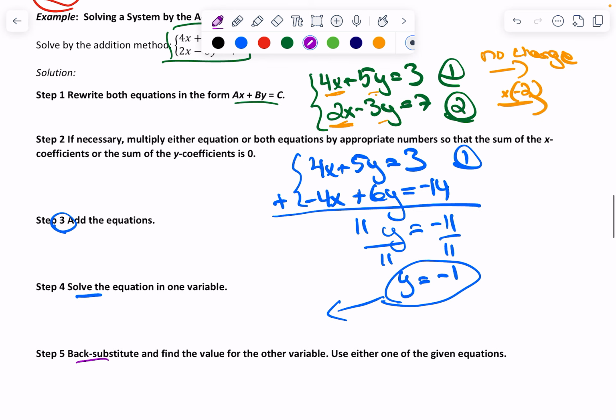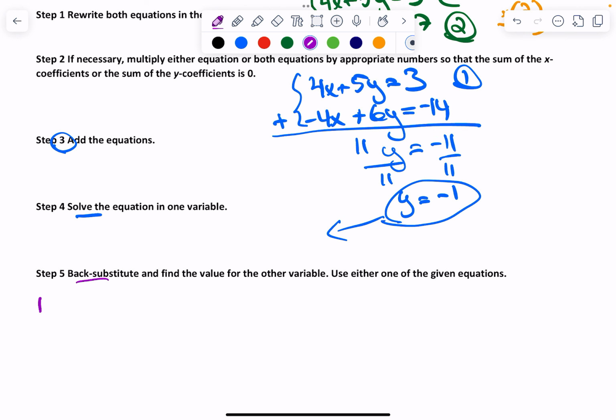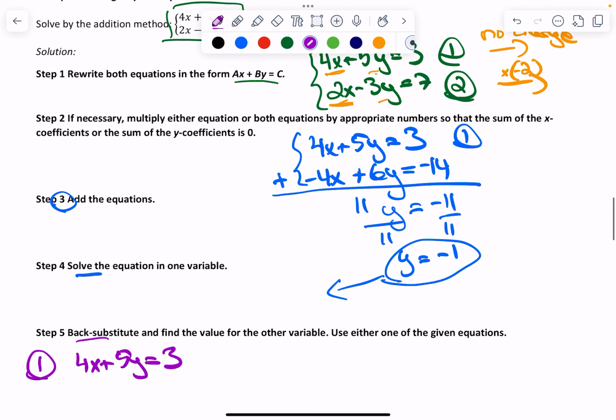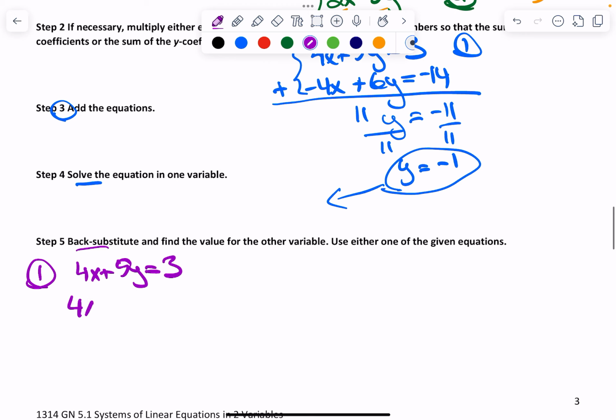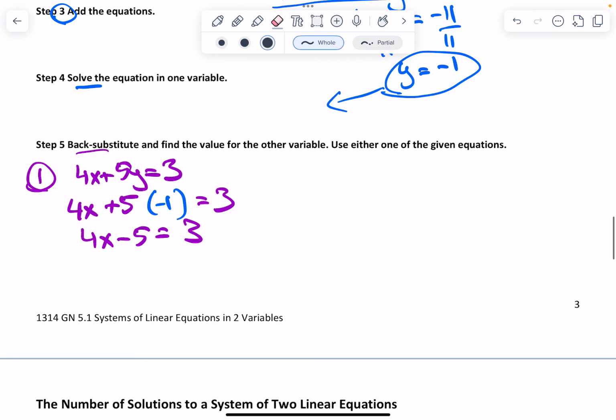So looking at the original here, it really doesn't matter which original we take, 1 or 2. I'm just going to pick 1, which is 4x plus 5y equals 3. We are substituting negative 1 where our y is. So we get 4x minus 5 equals 3. And now we're going to solve.